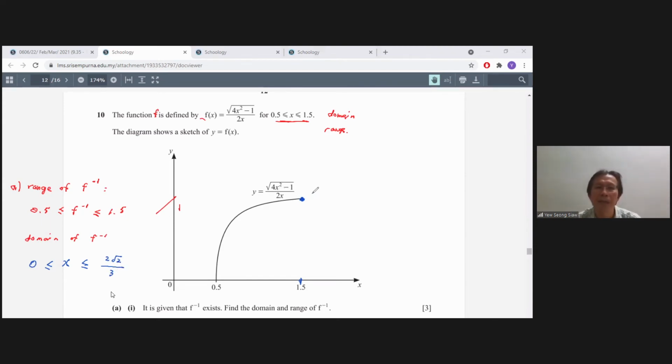Okay, substitute inside. Bottom is 3, 2 times 1.5 is 3. But on top, 1.5, you square it. You have to use calculator, square it. Then you times 4, then you minus 1. Actually, it's 8. So with 8, you can take out the 4, 4 times 2.